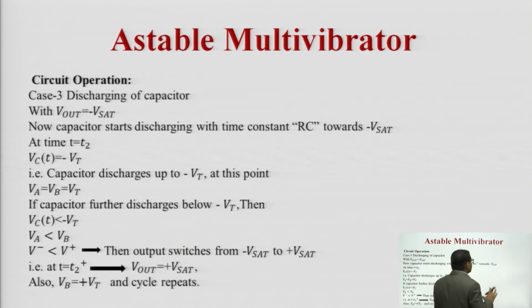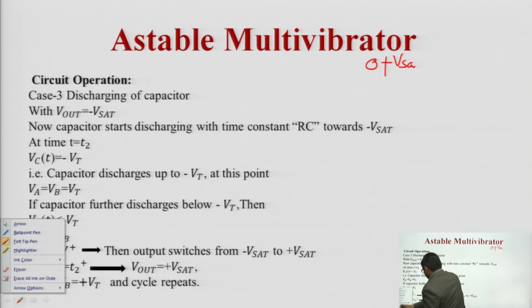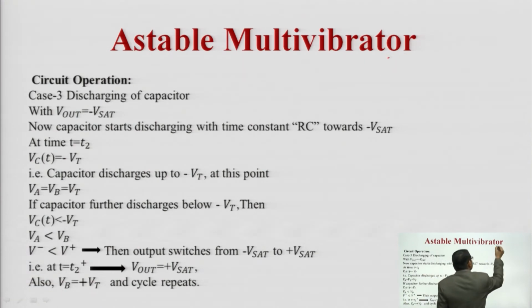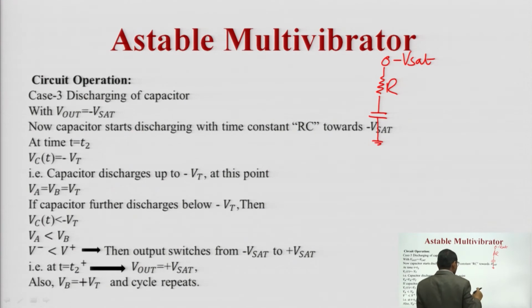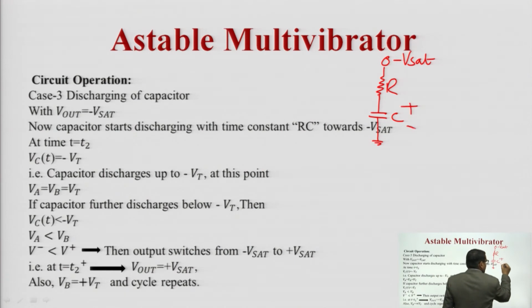Now, consider case 3, discharging of the capacitor. Discharging of the capacitor with Vout equal to minus Vsat, this is the R, this is the C, and at this time we consider Vct equal to Vt.